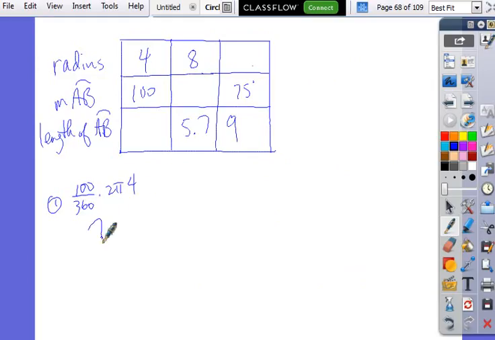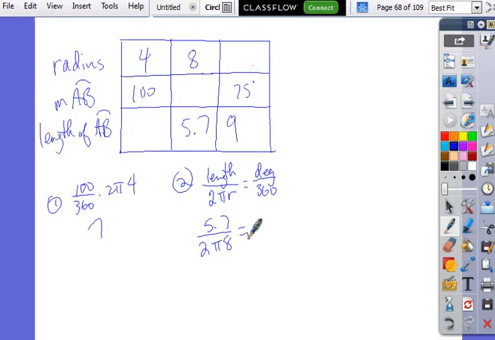We'll look at the second one. This one right here. It's saying find the measure. Again, if it says find anything other than arc length, I'm going to do the proportion. What's the rule for the proportion? You do the arc length over 2 pi r, and then degree over 360. Well, arc length on this problem is 5.7 over 2 pi 8, because it told me the radius was 8.